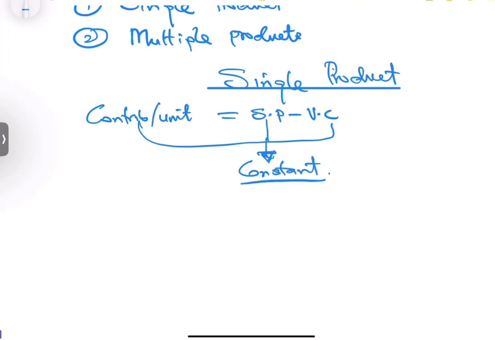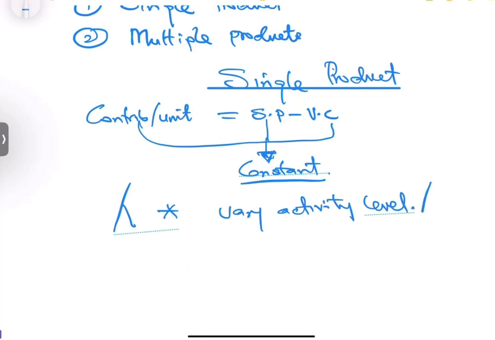So if they are always constant, we don't want constant profit. Sometimes we want to achieve a target profit. So in that case, for us to be able to play around our profitability, we have to vary our activity level. Which means, how do we work with our activity level, with our sales volume, to increase our profitability?